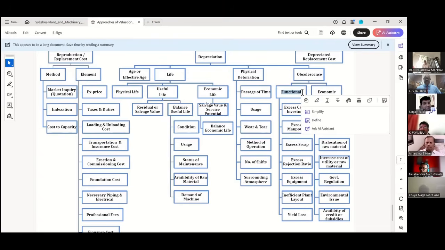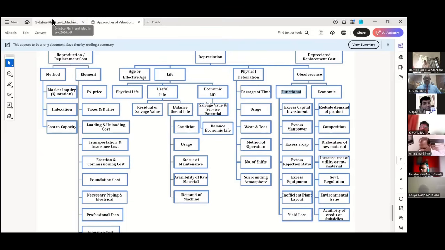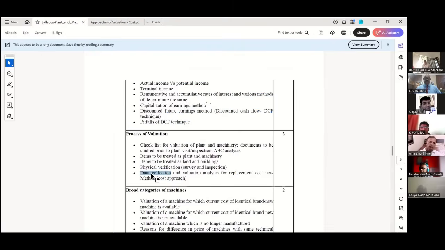Functional obsolescence means higher, new technology machinery is available. Data collection: you have to collect all the data related to the price, indexation, depreciation, age, use, or whatever is required under the cost approach.